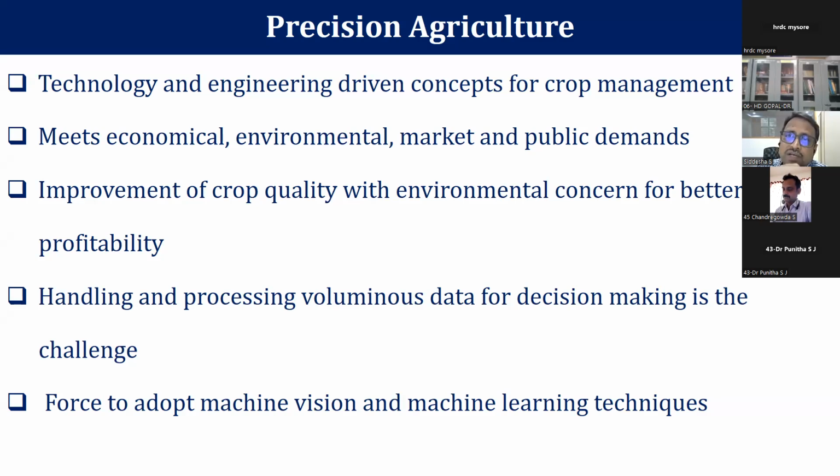Because depending on the technology that I am going to adapt to my agriculture, I need to collect data in different areas. And why do we need to process the data? Because we have to make some decisions. So there it is going to be the biggest challenge: how to handle this data? Manually handling is going to become very, very difficult, and it's not possible.